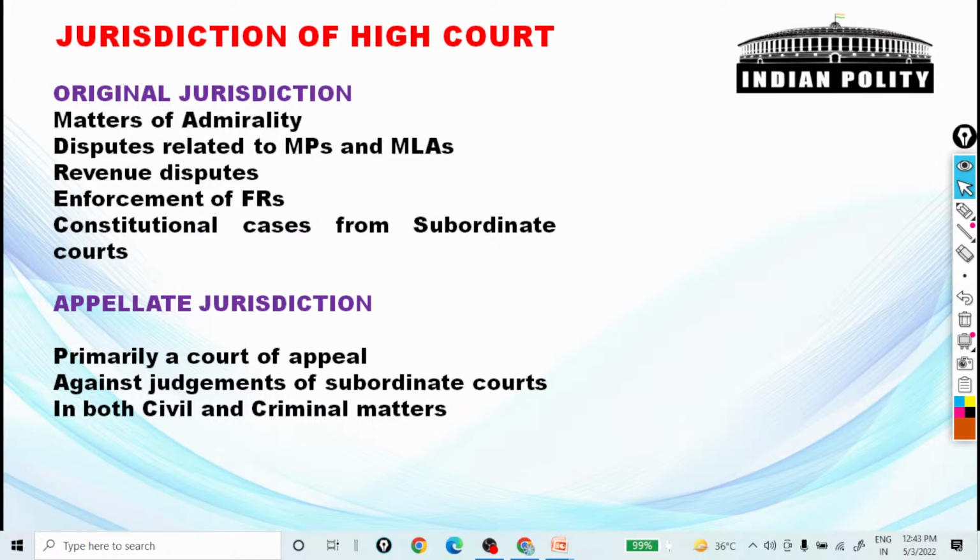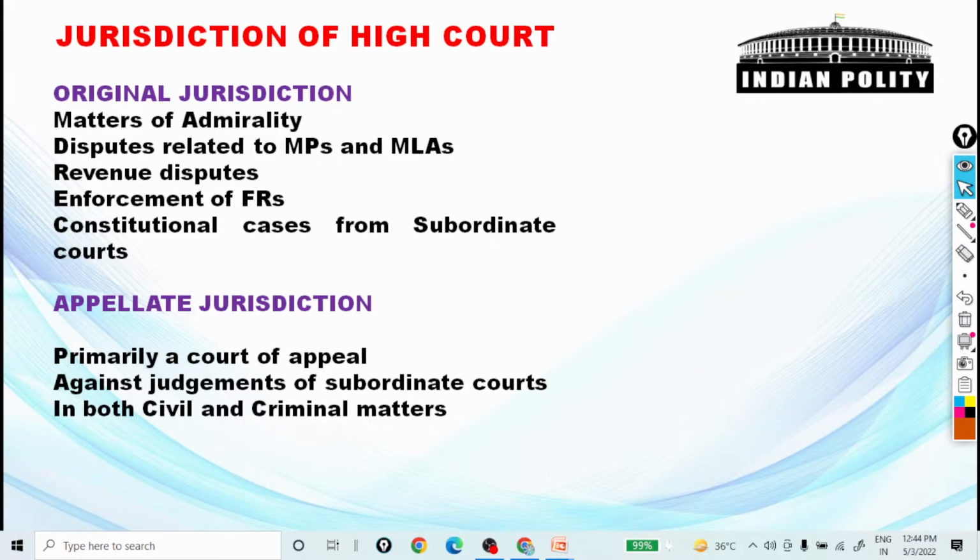However, one thing that was not there: disputes related to the revenue of the state were not under the domain of the High Court in the pre-independence era, but in the post-independence era, High Courts are assigned original jurisdiction to deal with any disputes related to revenue in the states. So High Courts are not inferior or subordinate courts. They are as autonomous and as robust as the Supreme Court in state matters.